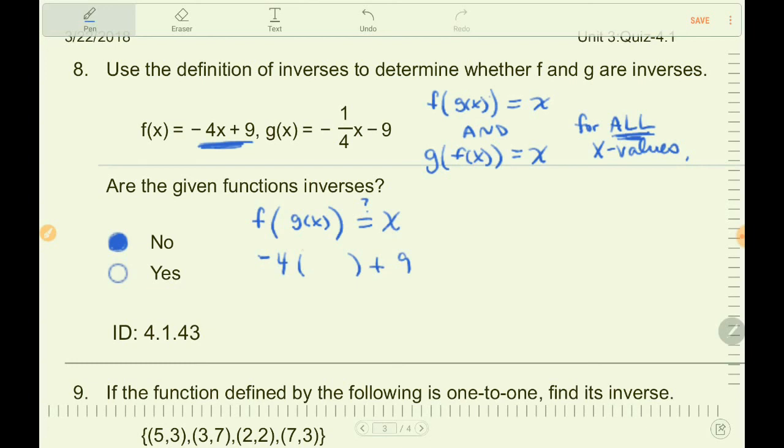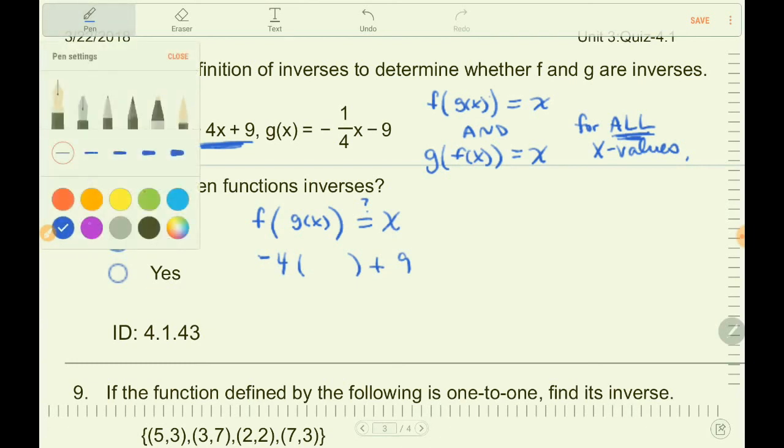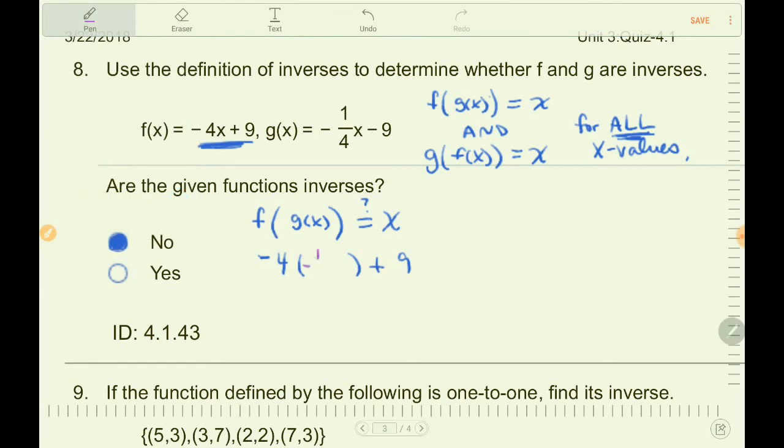And then I can put in the g function, negative 1/4 x minus 9, and then I have to distribute this negative 4 here, so I will have positive 1x, and this will be 36, and then I'll bring down the 9, and this will, oh, I forgot my x right here. This is an x. Yeah, so this will equal x plus 45.